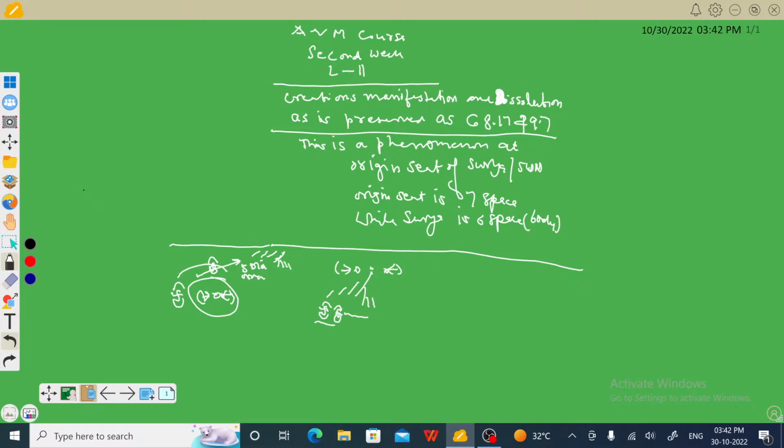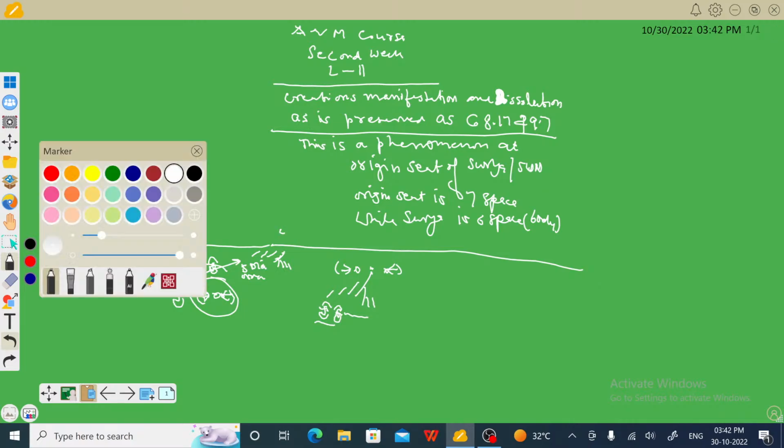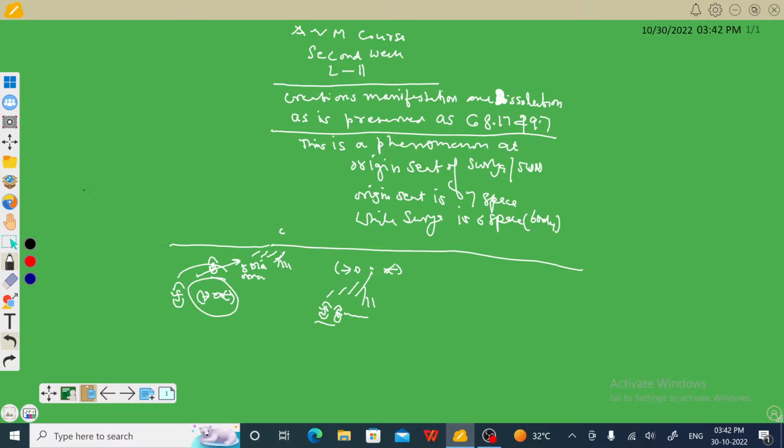This 7 space domain will have a reach at origin of 6 space, and then from origin of 6 space will be a flow of transcendental content.